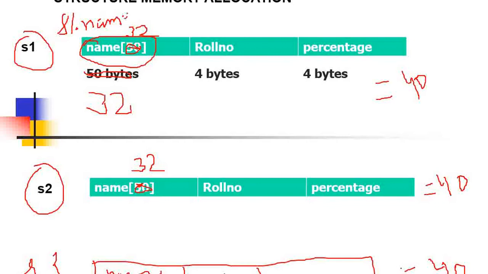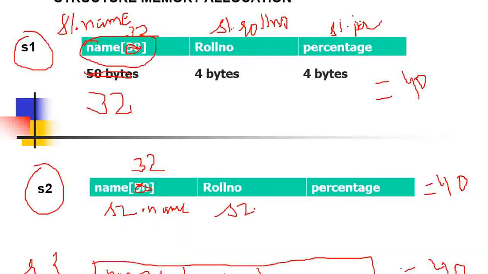This is how I will be accessing s1 dot roll number, and the same way s1 dot percentage. But if I need to access s2, then I have to write s2 dot name, s2 dot roll number.